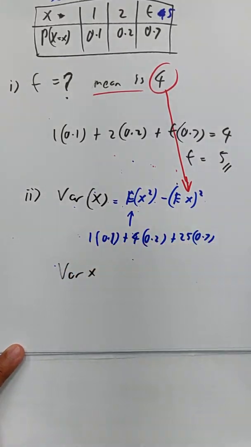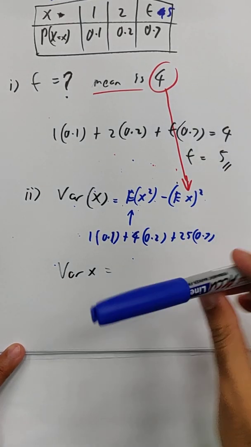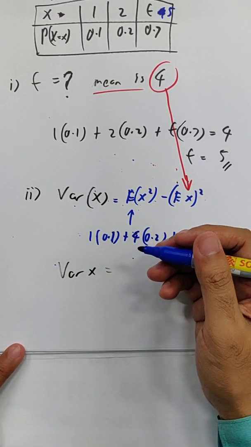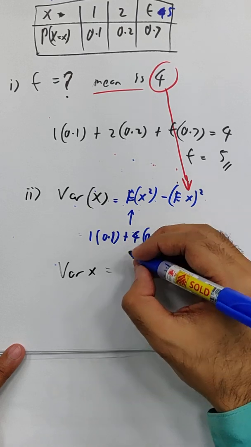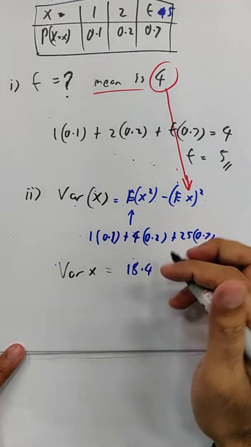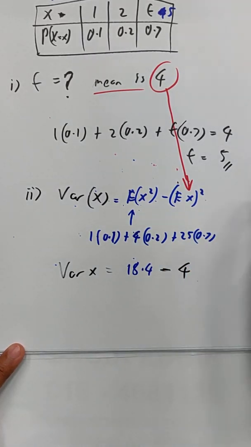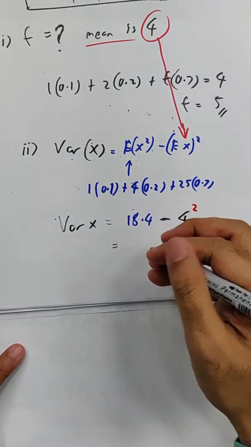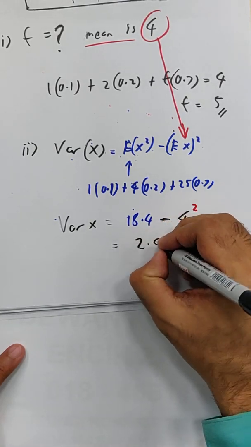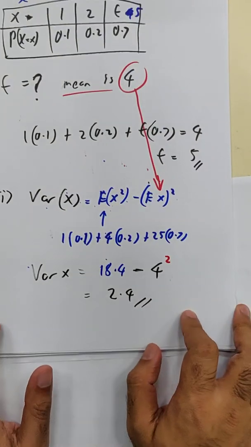So variance x is 18.4 minus 4 squared. That gives you 2.4. Are you okay? Remember the pattern?